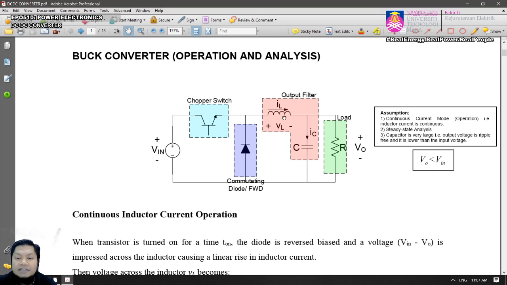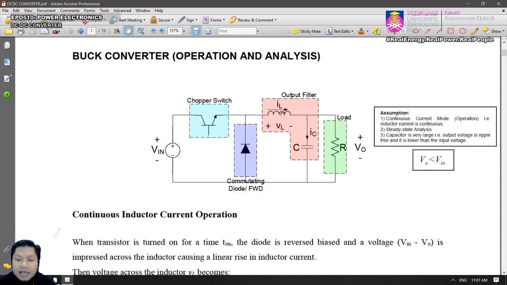And then we have the L and C. L is the inductor, which is also an important component in your circuit, so there will be a current through the inductor, as well as a voltage drop across the inductor. Finally you have the capacitor, which is mainly used as a filter for the output voltage.